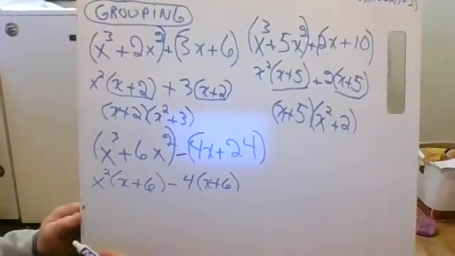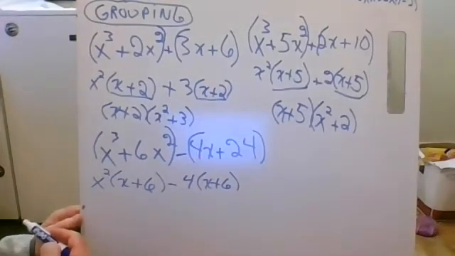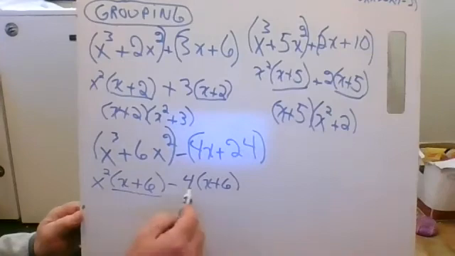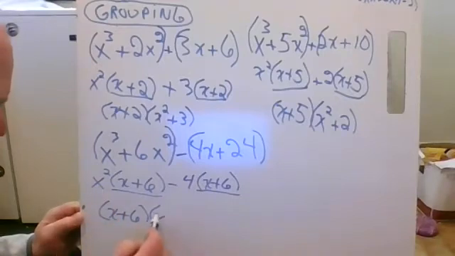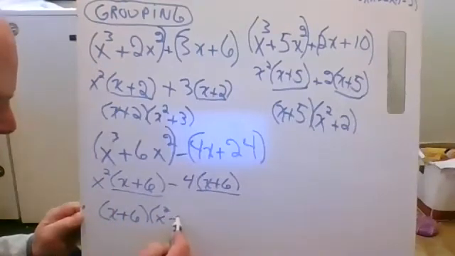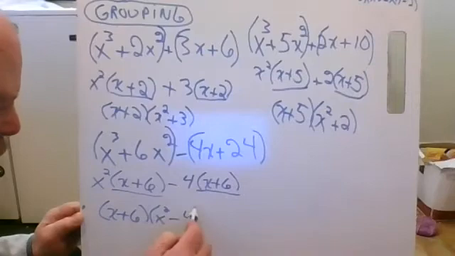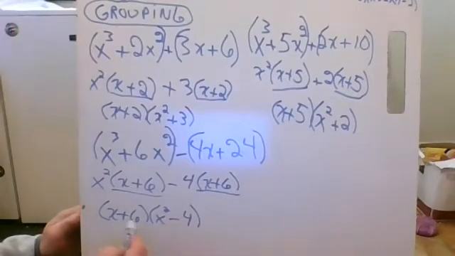And so we get that. And then now we look and we see x plus 6. And so we take the x plus 6 and leave ourselves with this x squared minus this 4. And now we get this expression.